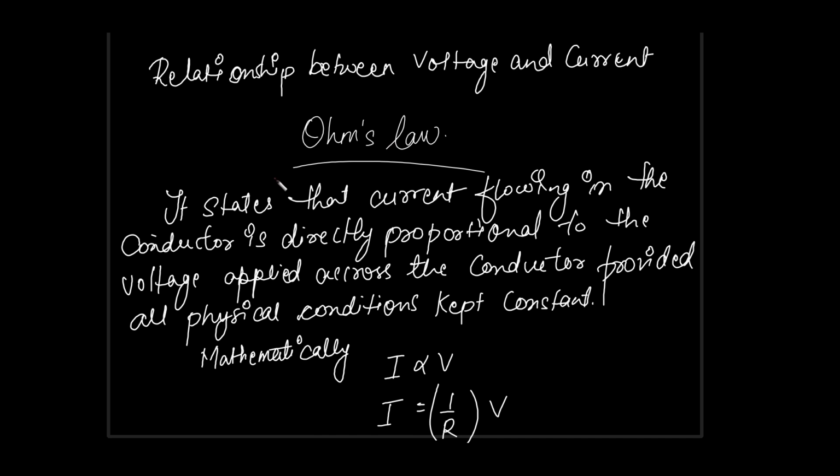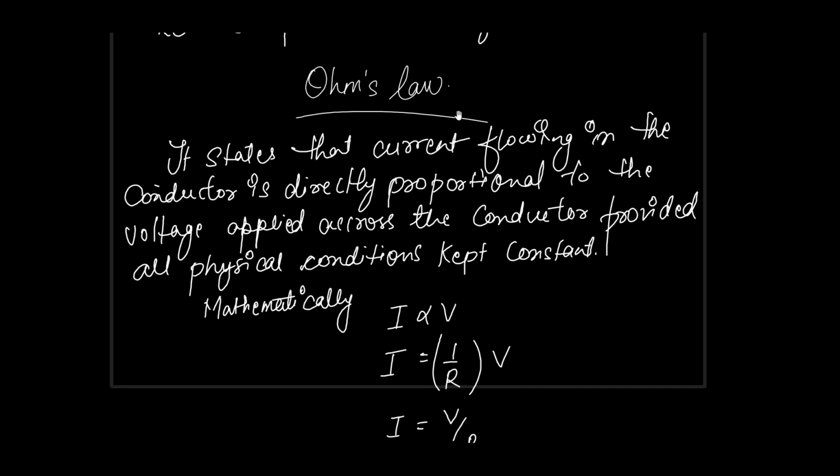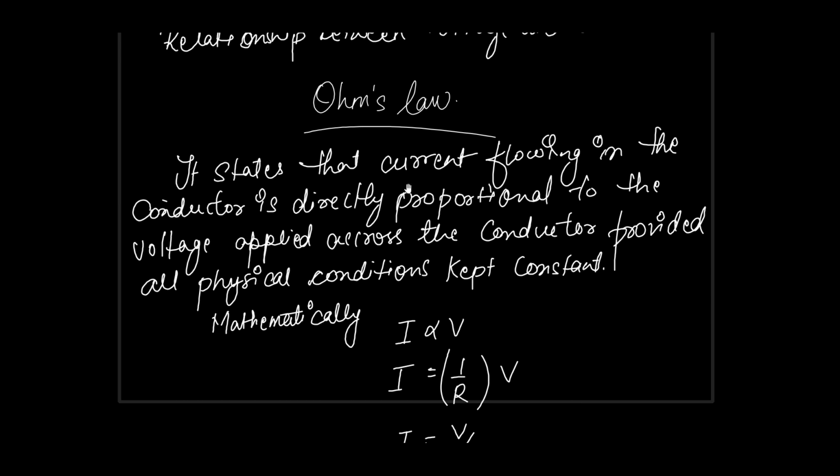Okay, the statement is very simple. We can state Ohm's law as: the current flowing in a conductor is directly proportional to the voltage applied across the conductor, provided all the physical conditions are kept constant.